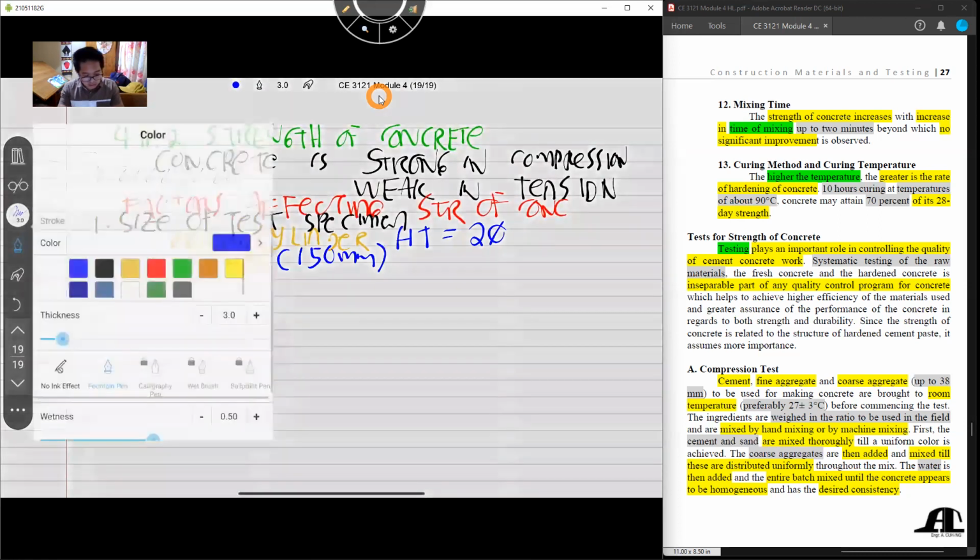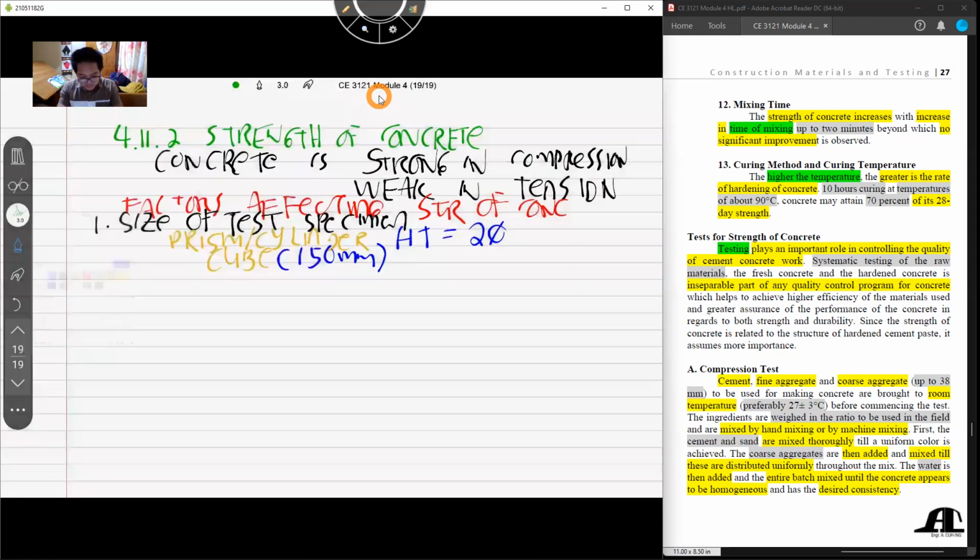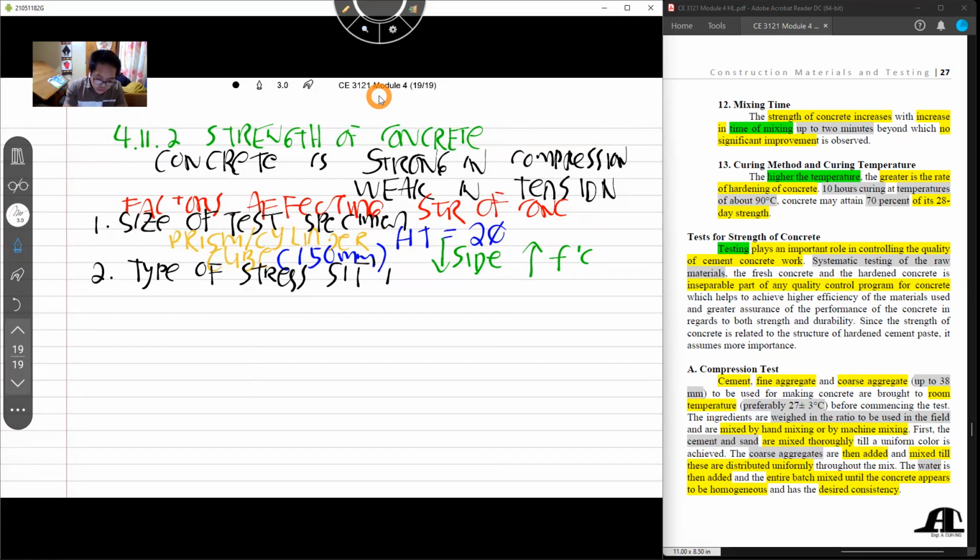In terms of relationship, supposedly, as the side becomes smaller, the strength of the concrete increases. The second factor affecting the strength of concrete, class, is the type of stress situation. Number 3, class, is the maximum size of aggregate.